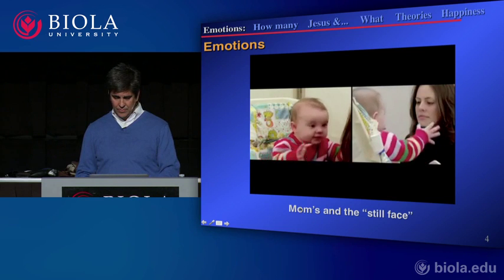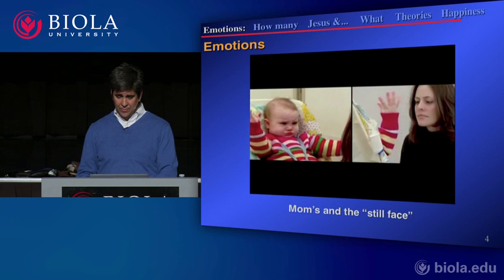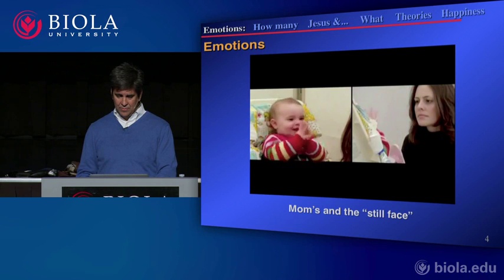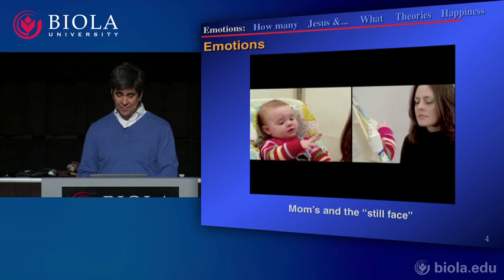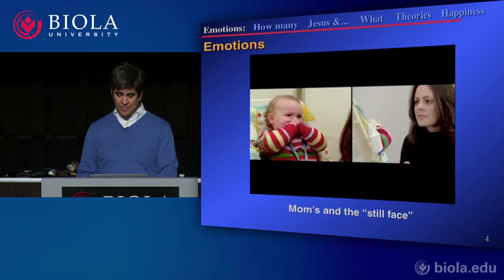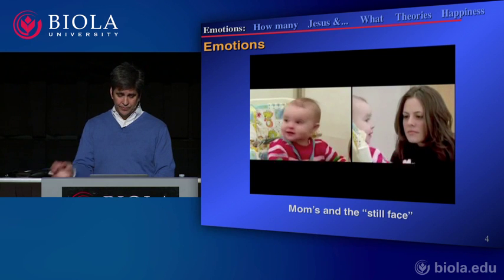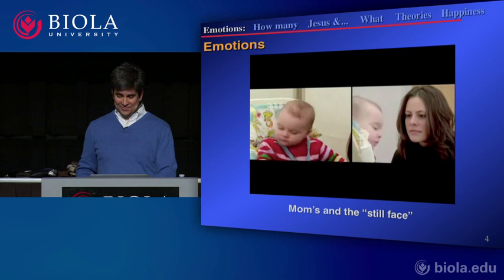The baby puts both hands up in front of her and says, "What's happening?" She makes that screechy sound at the mother, like, "Come on, why aren't we doing this?" Even in these 2 minutes, they react with negative emotions. They turn away. They feel distressed.